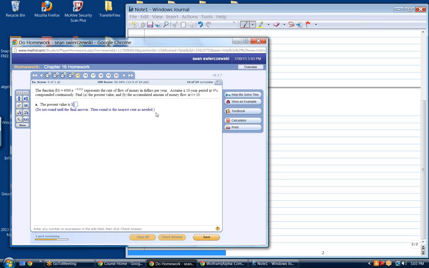So that function represents the rate of flow of money in dollars per year. Oh, this is the one that we got wrong yesterday. Well, this is 14. Oh, this is 15. It looks like the same one. Yeah, it's similar. Let's see.